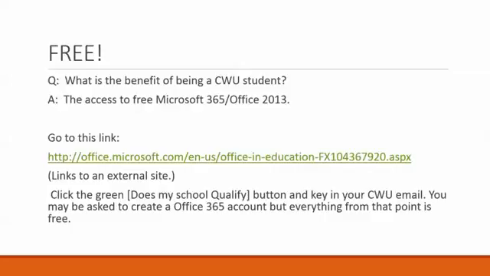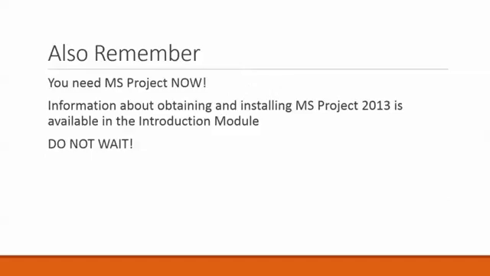There are instructions in the introduction module on how to download Microsoft Project from DreamSpark, and you can get that information. Let me know if you have any trouble, and I'll point you in the right direction as to who you can contact. You also need to get Microsoft Project, and you should be getting that now.